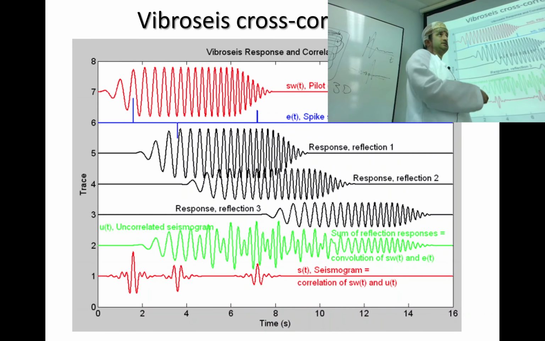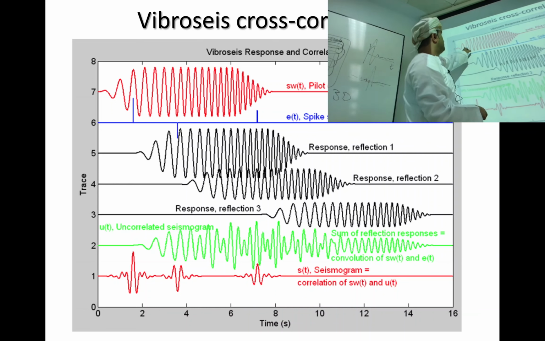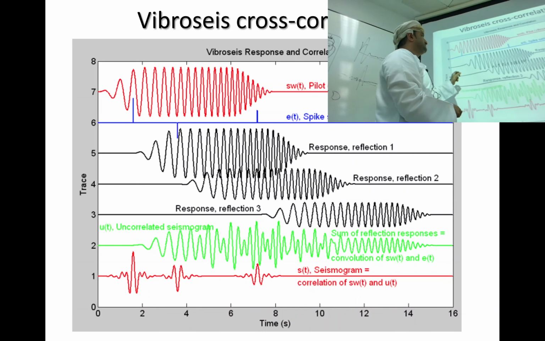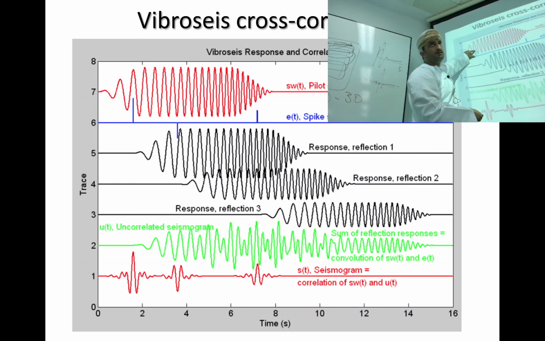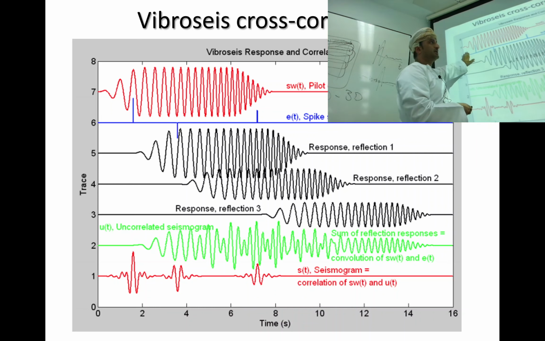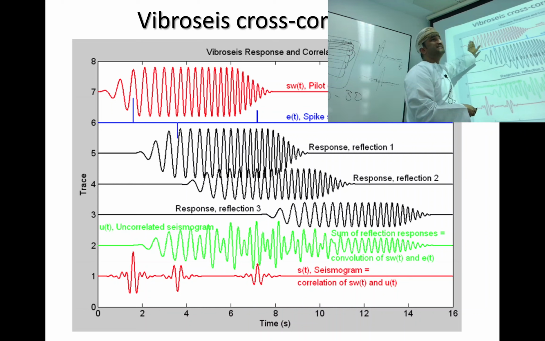Again, the same example. This is what we call the sweep. It's starting from low frequency to high frequency. This is the reflection from the first layer. It's appearing here. I'm having a layer. The upper layer has a lower acoustic impedance, a lower value of velocity times density.